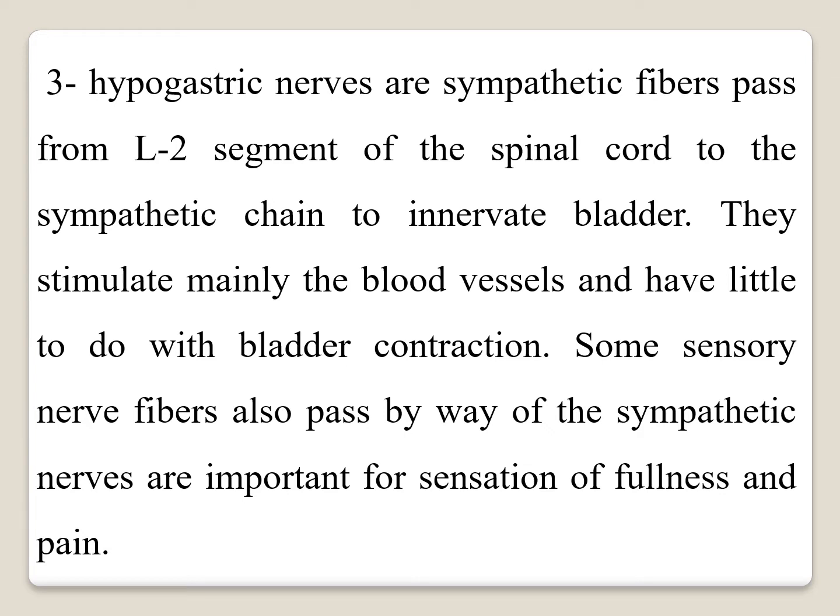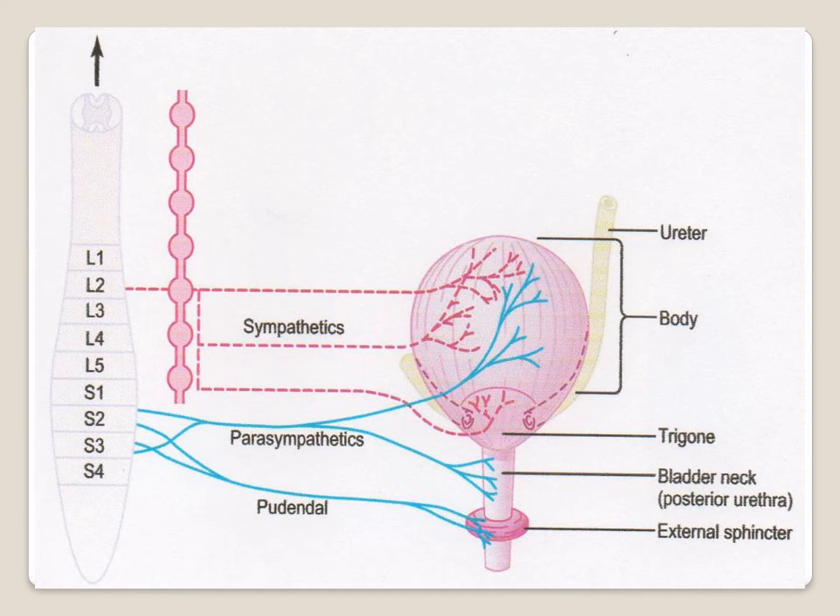There are some sensory nerve fibers that also pass by way of the sympathetic nerves, which are important for the sensation of fullness and pain. This picture discusses the innervation of the bladder. This is the parasympathetic part of the micturition reflex, from S2 and S3, which supplies and innervates the detrusor muscle, responsible for its contraction.